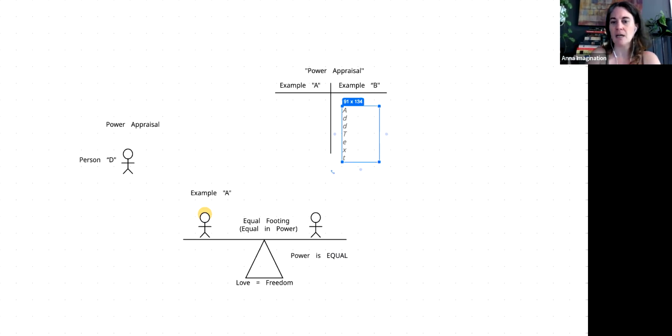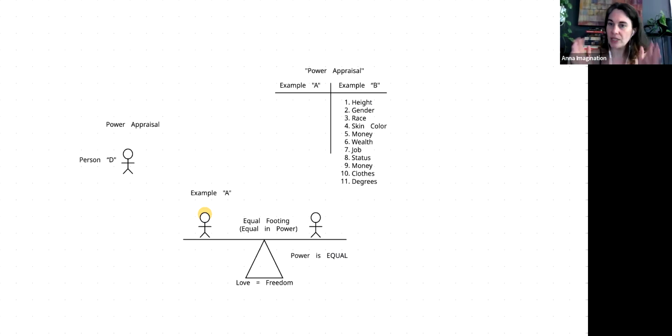Are we disgusted yet? Money, clothes, degrees. These are some examples of what people use in example B to determine power appraisal.